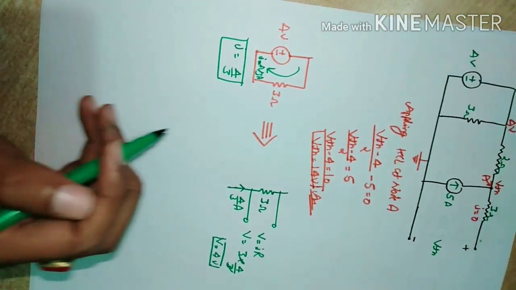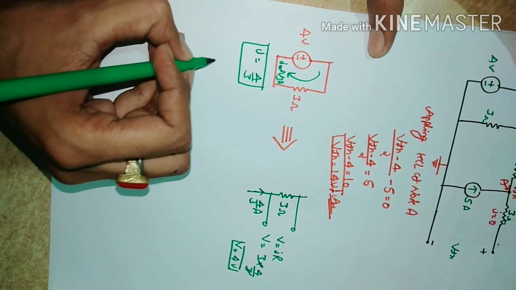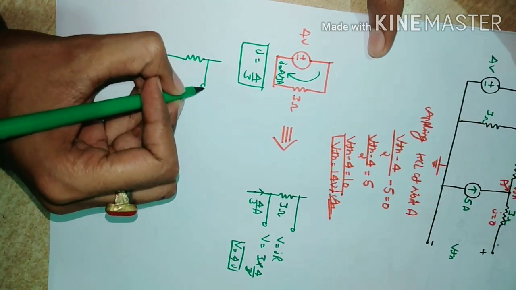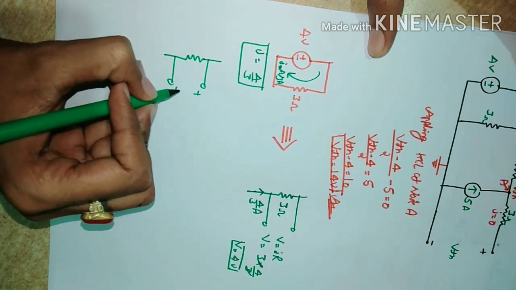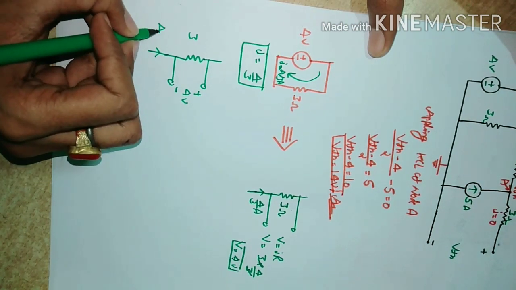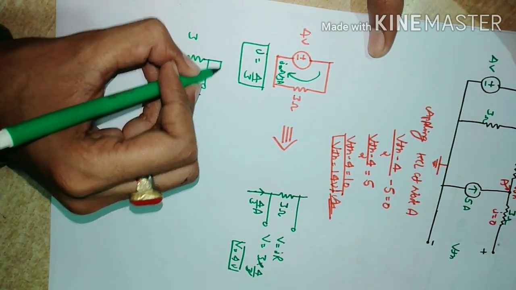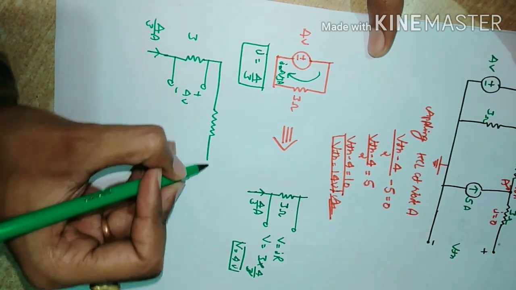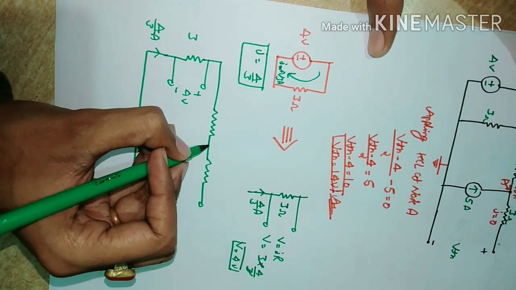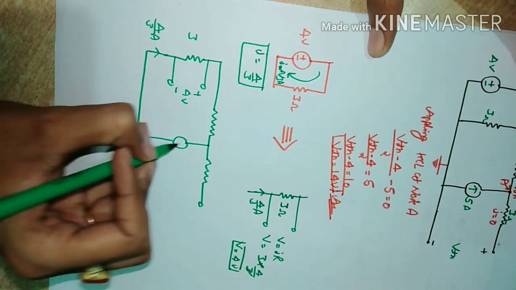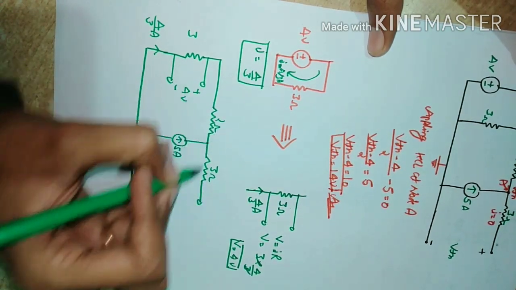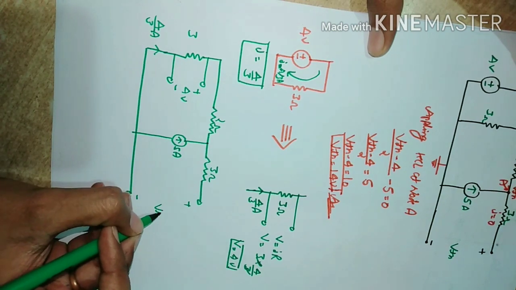So now we will draw this circuit. Polarity as it is, 4 volt, 3 ohm, current 4 by 3 ampere, plus minus VTH.